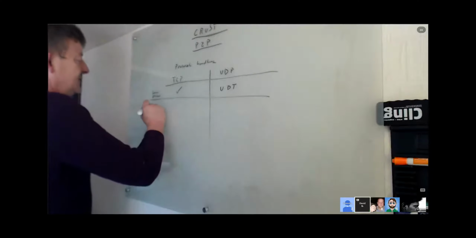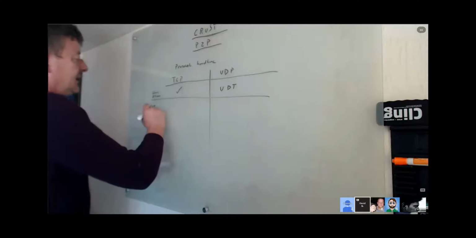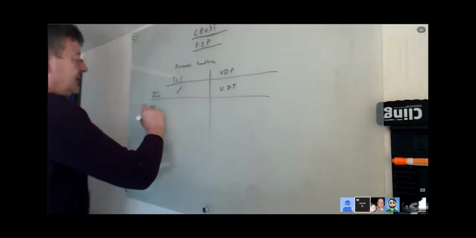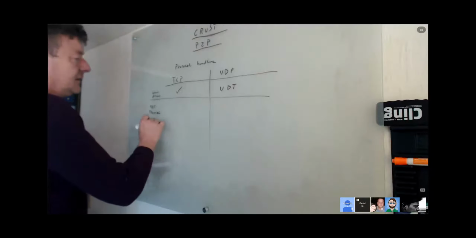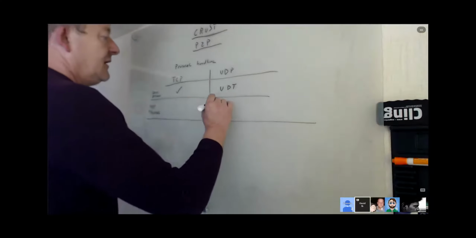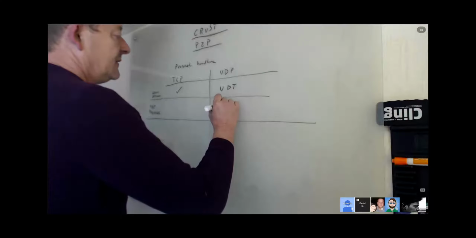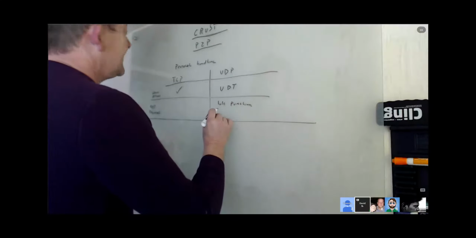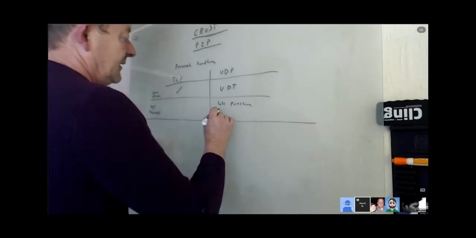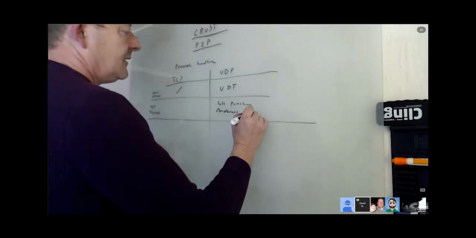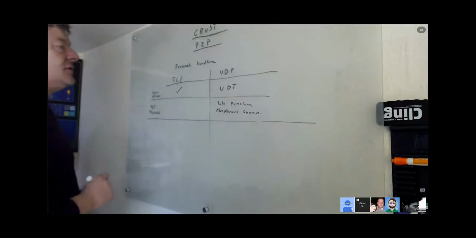Then we need to have that traversal. So that traversal, what we do here is hole punching, and that's where we use a rendezvous connection, or just a connection with a longer timeout than usual.